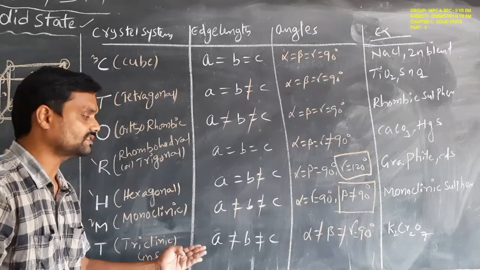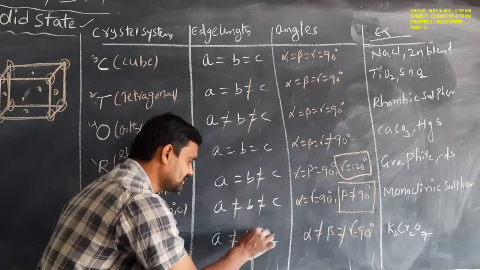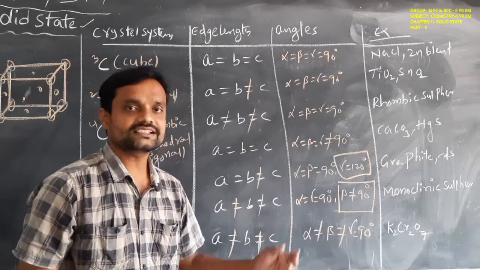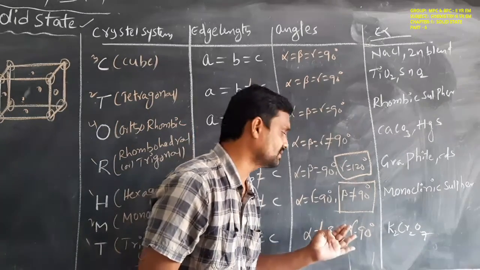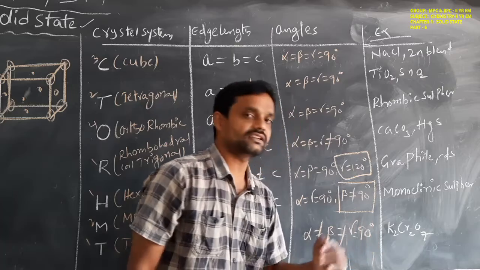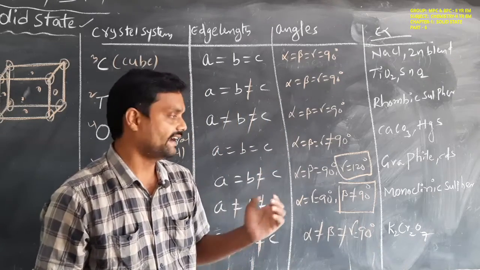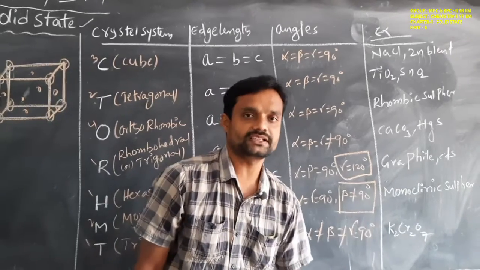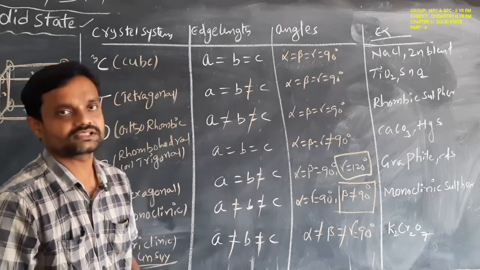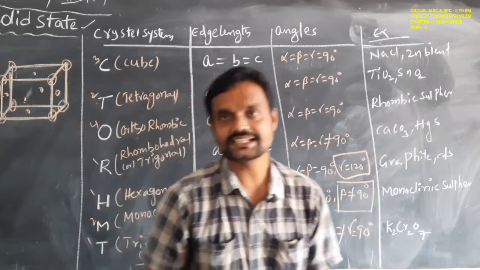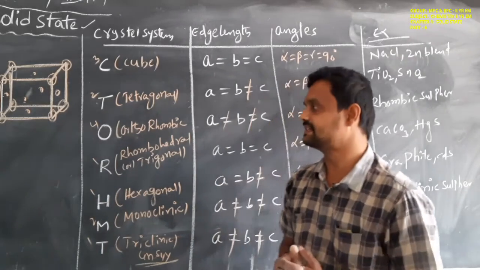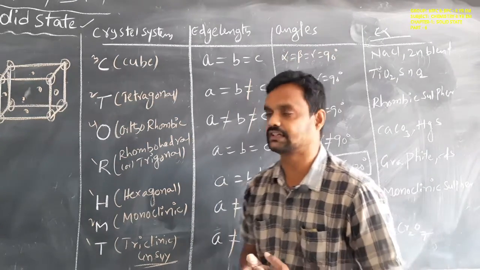Simple: A is not equal to B is not equal to C, and all angles are not equal to each other. Alpha is not equal to beta is not equal to gamma, not equal to 90 degrees. An example is potassium dichromate, K2Cr2O7. So these are the total 7 crystal systems that exist in simple or primitive unit cell.